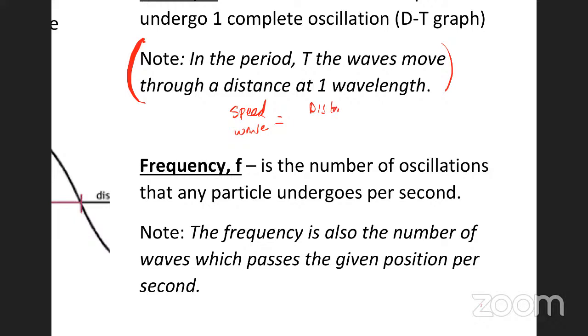Speed is distance over time. All right? So here's what they're saying. Use this formula and see if we can develop the wave formula that we use in CSEC in Form 5. Try that fast. Let me see what you get.